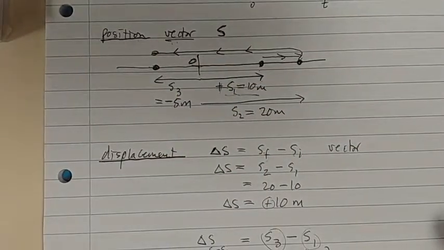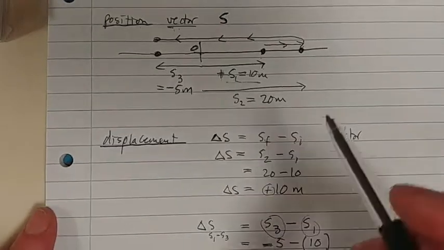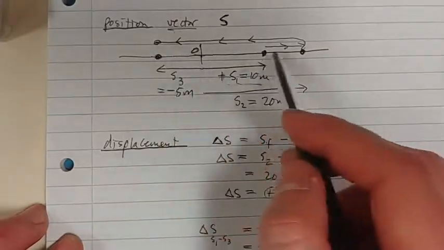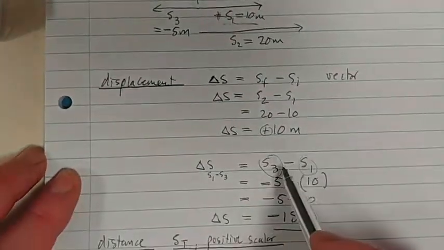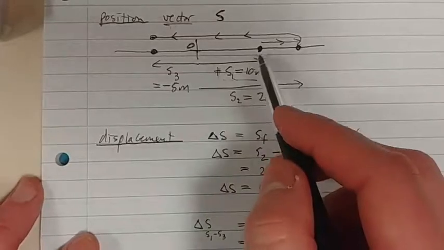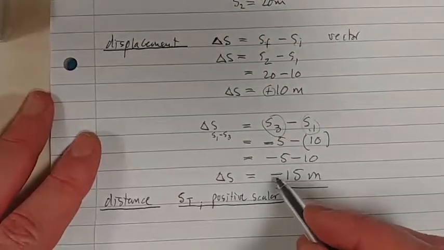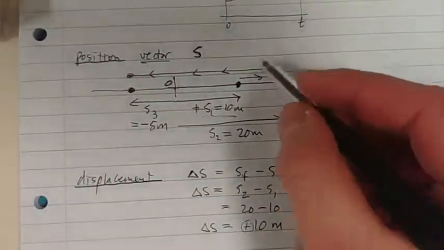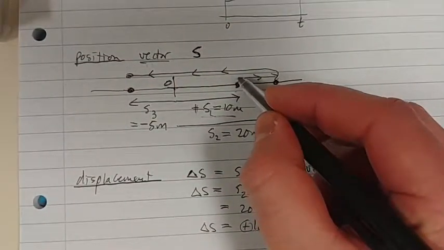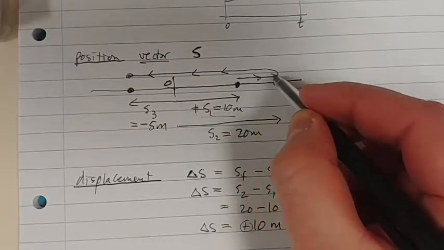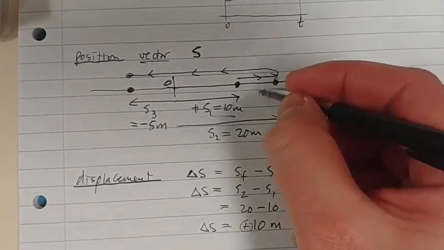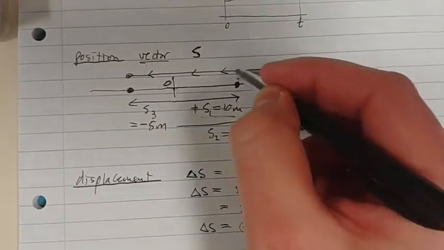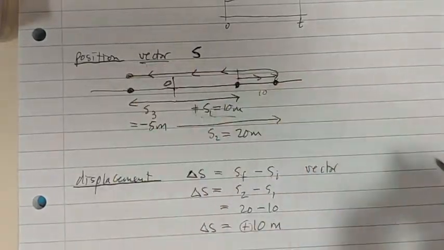What would our displacement be? Well, we just calculated it. Our displacement is the change between the final and the initial, which was S3 minus S1. And that is a vector, so we had to take into account the sign. The distance is literally, how far did you walk? I walked from that point to there, which was 10 meters. Then I turned around, I walked another 10 meters to get back there, and then I carried on walking another 15 meters.